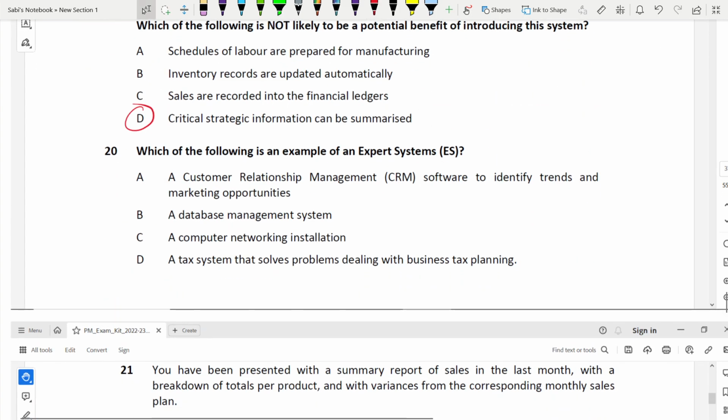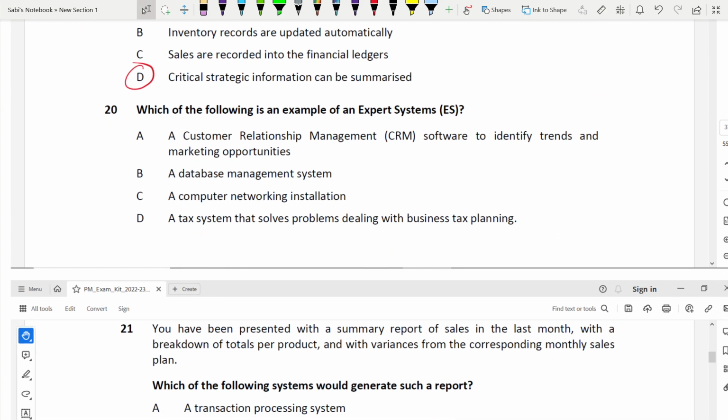Question 20. Which of the following is an example of an expert system? Please understand, an expert system does something like a human function that we normally do; the system will be able to do it for you. First one, CRM to identify trends and marketing opportunities. Database management system, computer network installation, and a tax system that solves tax issues.